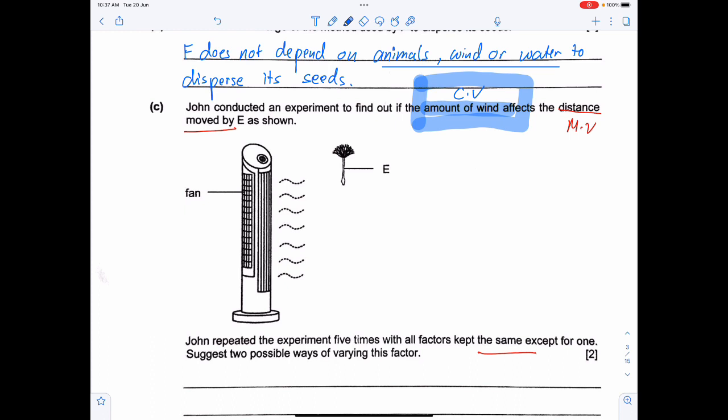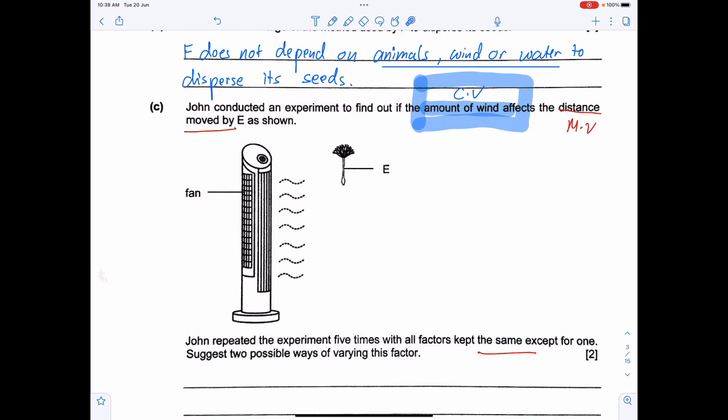About 1/3 of this class stated drop E at different height. Are you then changing the correct change variable? No, you are not. The reason why you answered it wrongly was because you did not take the time to identify and highlight the change variable. So the change variable can only be the amount of wind.